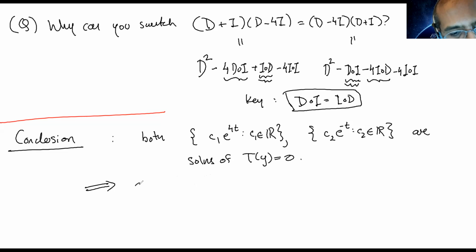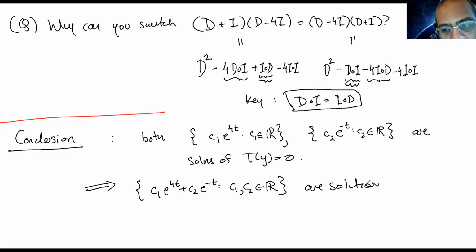So you actually get that this entire set, c1 e to the 4t plus c2 e to the minus t, are solutions. This is equal to the span of e to the 4t, e to the minus t. So to summarize, this span is contained in the kernel.